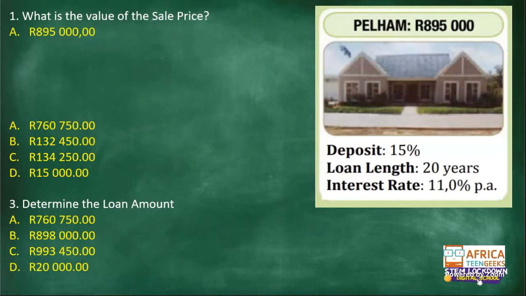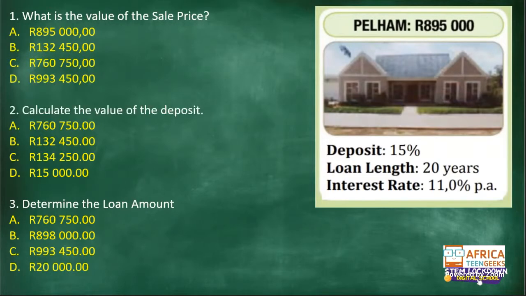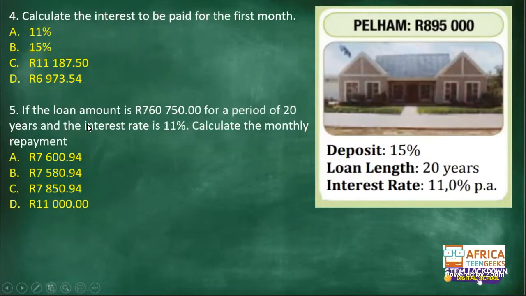And of course, we have seen that the price of the house is 895,000 rands. That is the price of the entire house. And of course, the other options fall off. Now, if you want to calculate the deposit, we have done that. We have calculated the deposit.